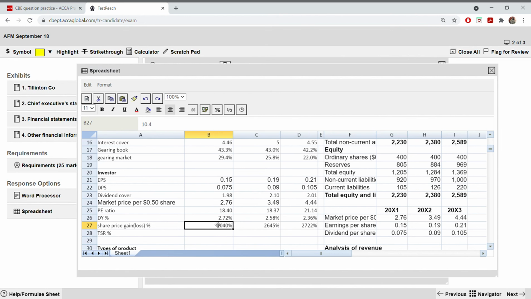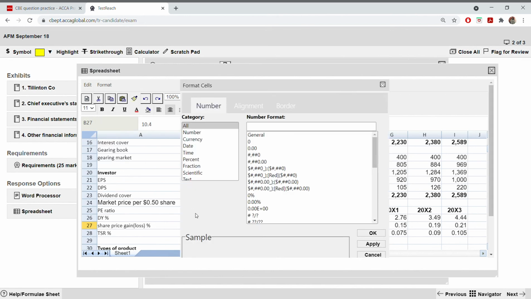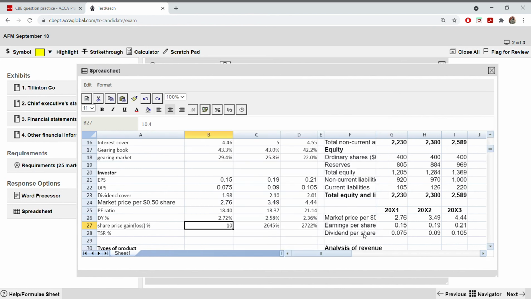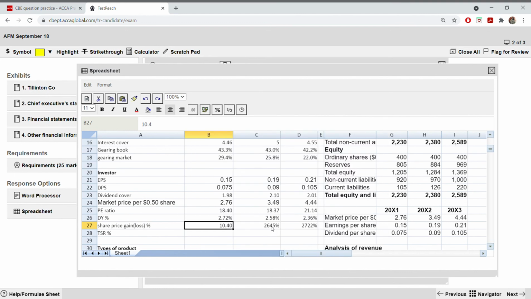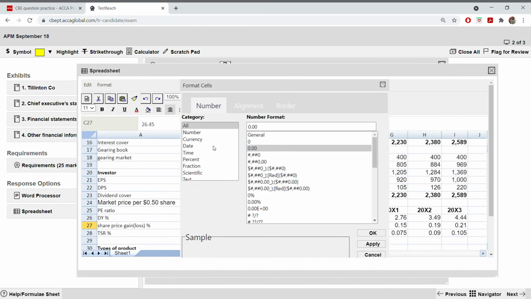How do you remove the percentages? Just go to format cells. Go to format cells. 10.4. So you drag it, it will take 10.4 to the other cells also. This also you need to go to format cells and take this.